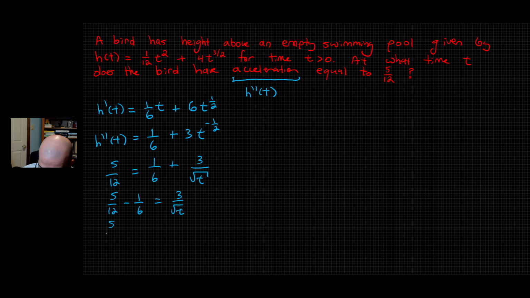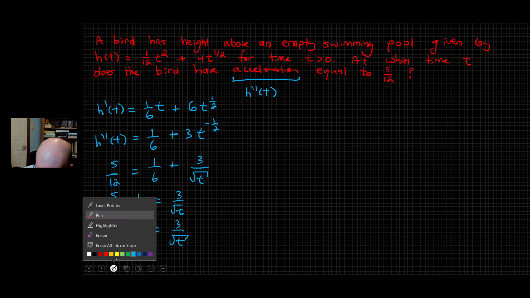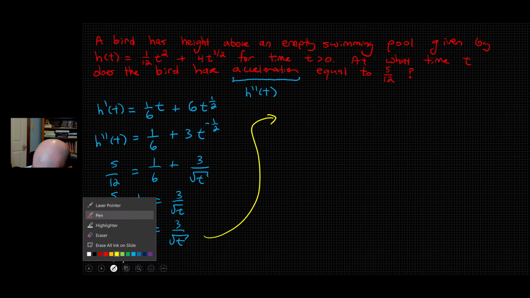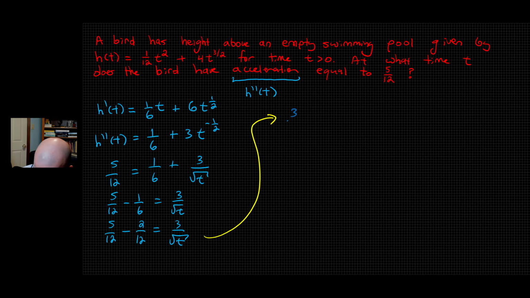Then we have to make the common denominators. So I can multiply top and bottom 1 over 6 by 2. We get 2 over 12. And then I'm running out of space, so I'm going to go up here. 5 minus 2 is 3. So I have 3 over 12 equals 3 over the square root of t.